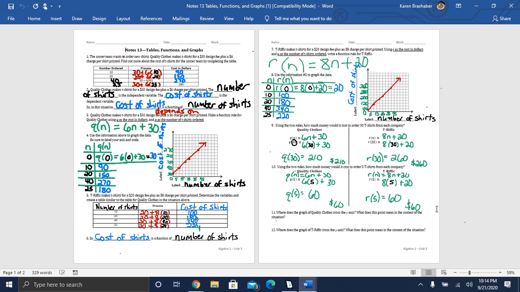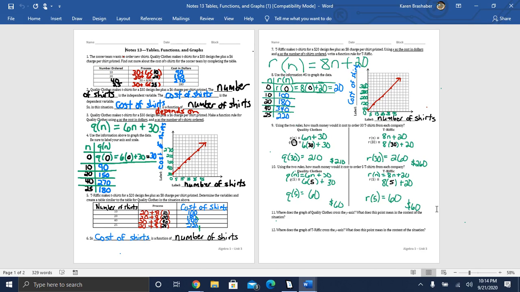So some things that we could notice that are going on with the two companies: when you have your smaller orders, they seem to be the same price. So when only 5 shirts are ordered, the two companies cost the same. But as your number of shirt orders goes higher, so when we get to 30, you can see that your cost at Terrific was actually higher than your cost at Quality.